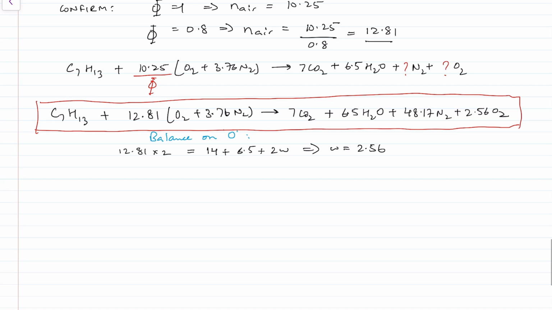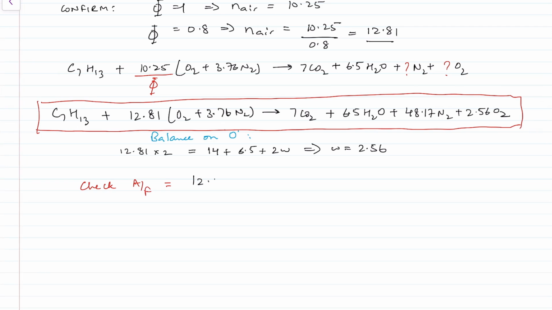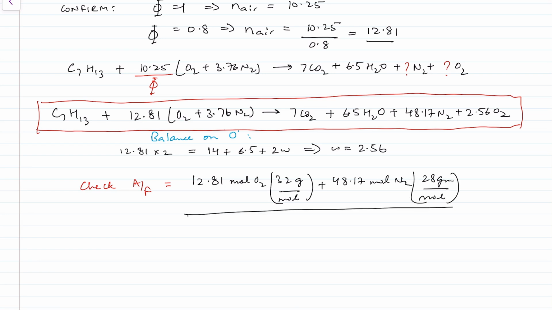And then we can check the A over F. 12.81 moles of oxygen, 32 grams per mole for oxygen, plus 48.17 moles of N2, and we have 28 grams per mole for nitrogen, divided by 1 mole of C7H13, 97 grams per mole.